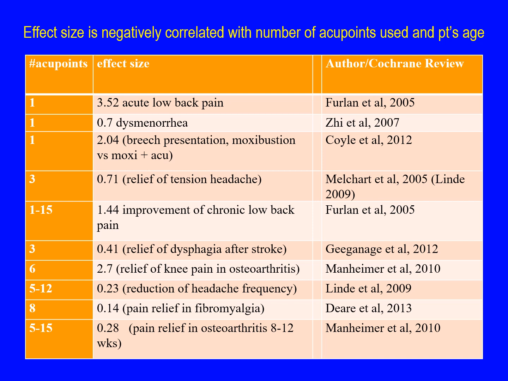But for frail elderly, in the case of dysphagia after stroke, the effect size was small, only 0.41. And this can be predicted and explained by the biology of acupuncture, which I will explain later in the lecture.